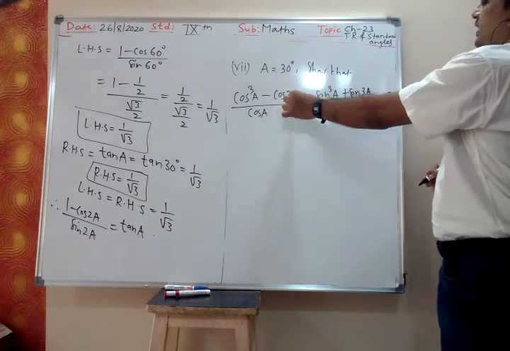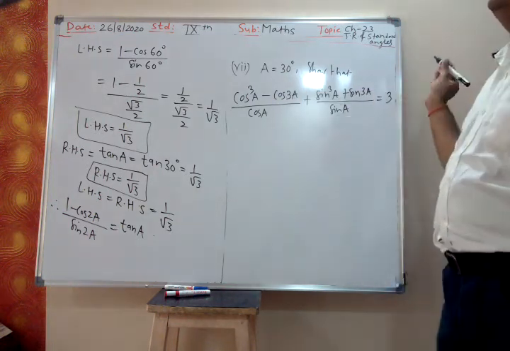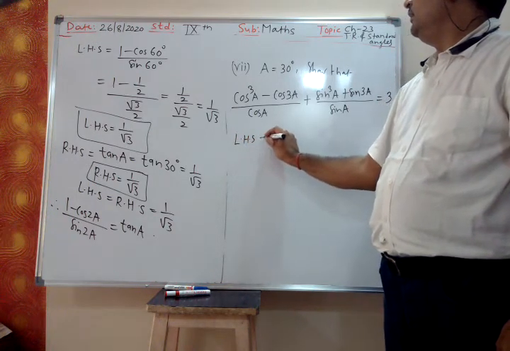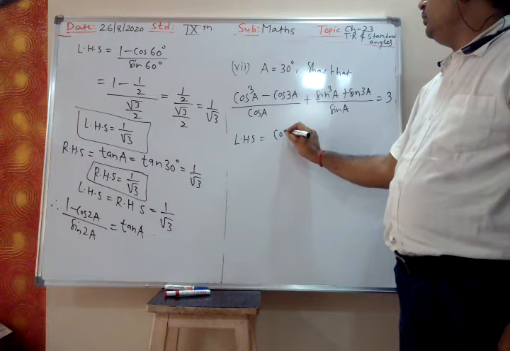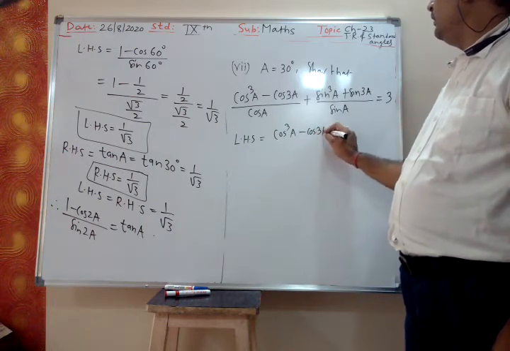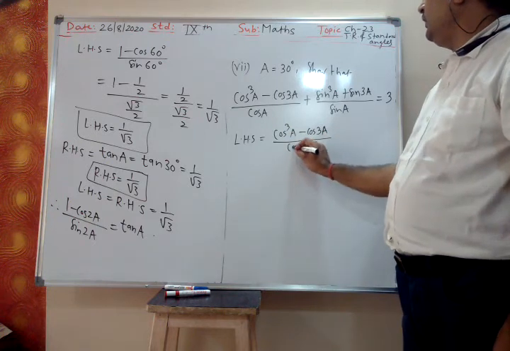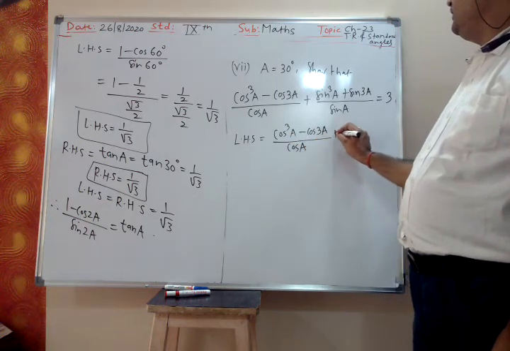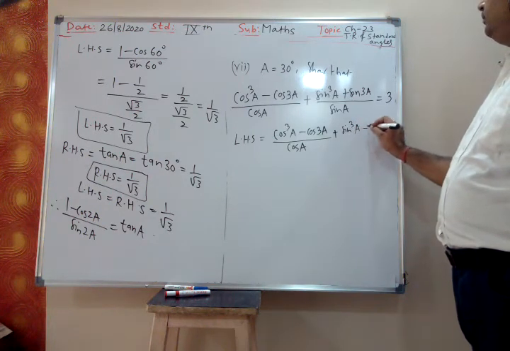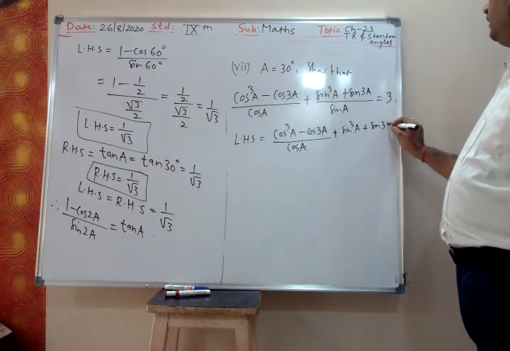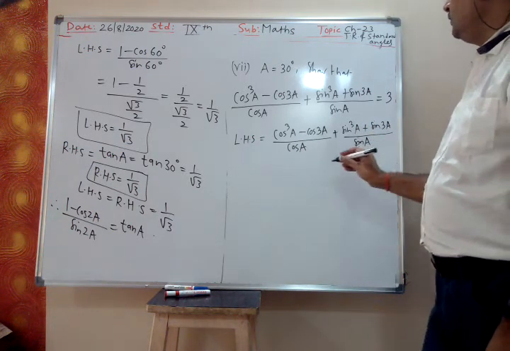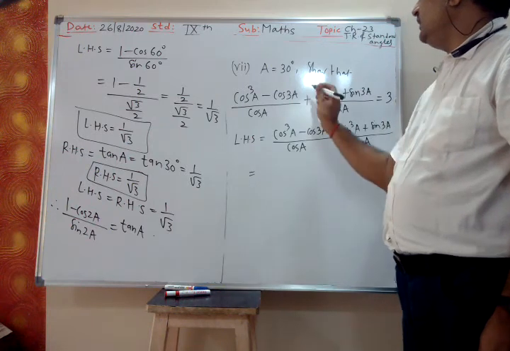So this is my left hand side, this is the right hand side. The right hand side is already given as 3. So let us consider the left hand side. Left hand side is cos cube A minus cos 3A upon cos A plus sin cube A plus sin 3A upon sin A. Now we put the value of A as 30 degrees.